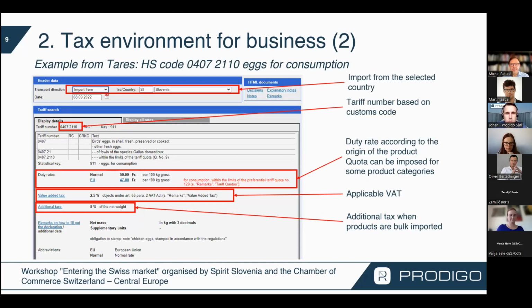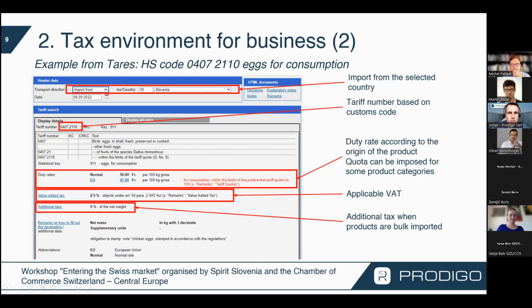Here is a print screen of the Swiss customs platform, which is called TARES. It's a useful platform to get information about taxes on imported products. It is based on the HS codes or the customs codes that you can see here. And you can select from where you are importing the products.